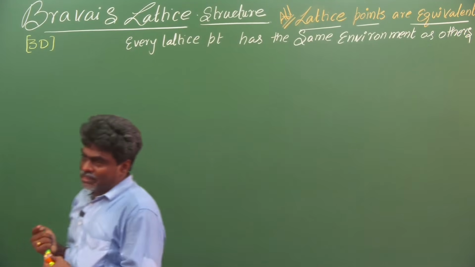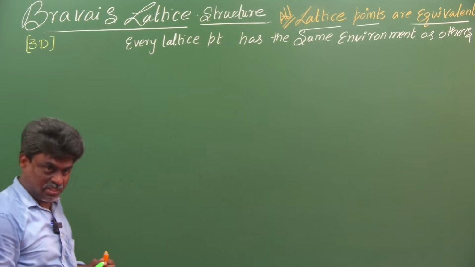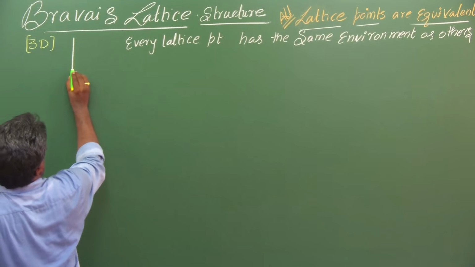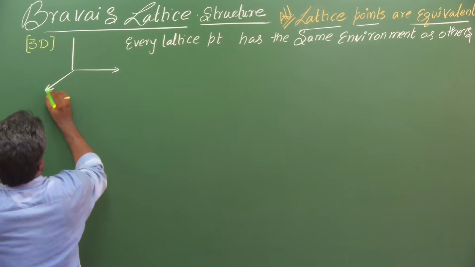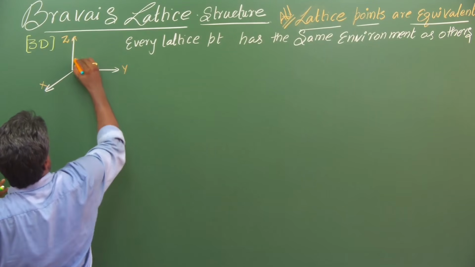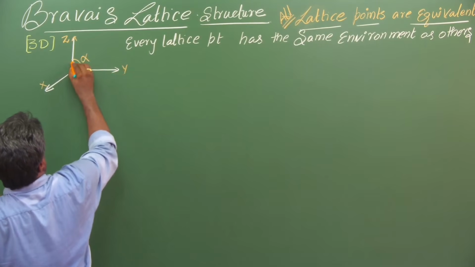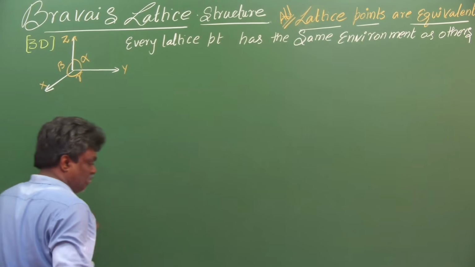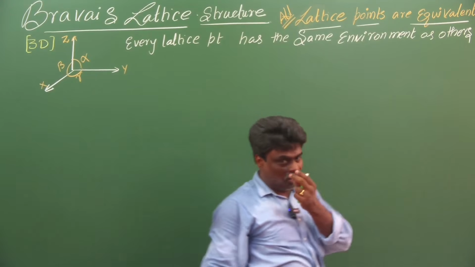Now I am taking 3-dimensional Bravais lattice structures. For this, first I have to take the 3-dimensional axes: the x-axis, y and z. This is alpha, opposite to y beta, opposite to z gamma. Alpha plus beta plus gamma equals how much?